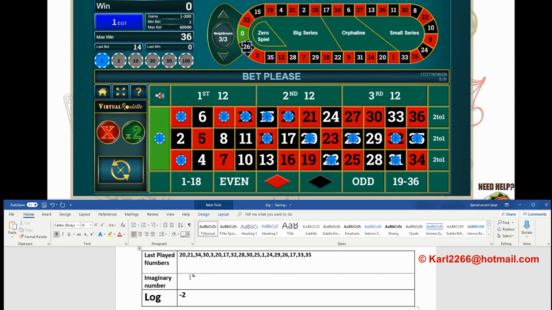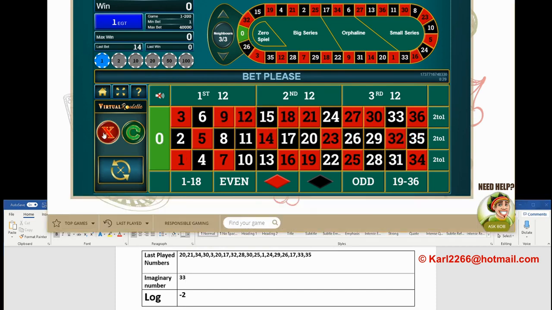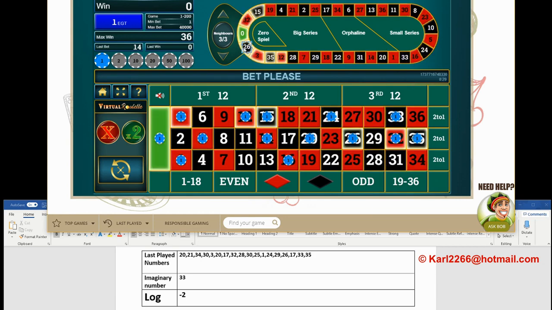Exactly, we got a new imaginary number, which is number 33. Okay, so we place bets on 33 and the neighbors and 26 and the neighbors. Terminals from 33 is 26 only.